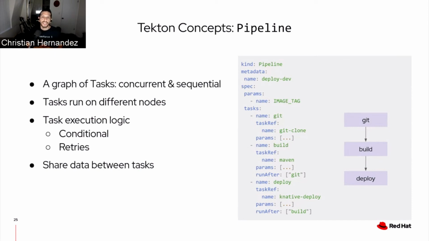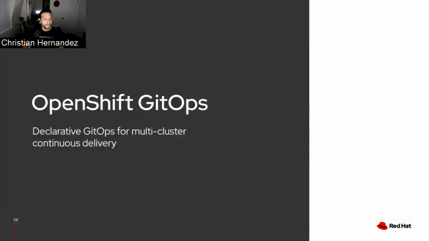And essentially, a pipeline, similar to a task, can be generic, meaning you have a generic pipeline that can run many different pipeline runs. A pipeline run is an instantiation of a pipeline, and it's parameterized, meaning that you can use this over and over. That's pipelines from a high level.